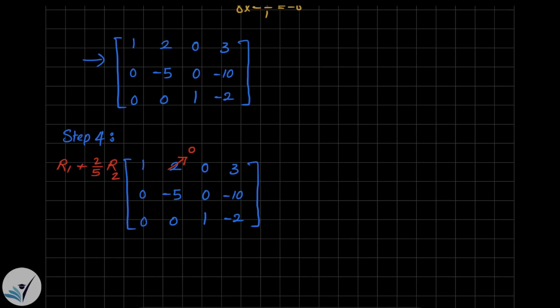And this multiplier 2/5 here comes from multiplying this number 2 by the negative of the reciprocal of this number below it on the second row. So 1 over -5. The result would be 2/5. The second row and the third row remain unchanged.